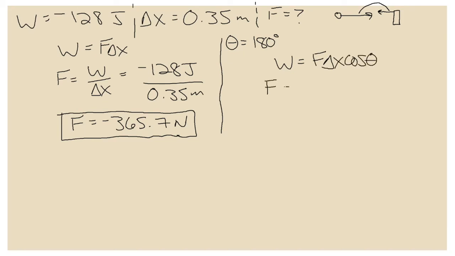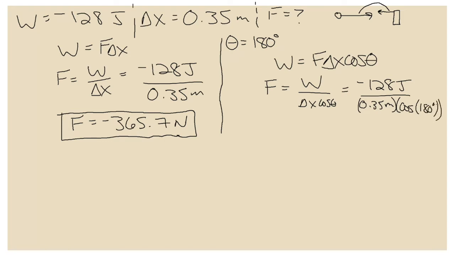And when you solve that for F, you get the force is equal to the work over delta X cosine theta. And so that would give you negative 128 joules over delta X, 0.35 meters, times the cosine of 180. And the cosine of 180 is going to be negative 1. And so that means your force here will just come out as positive 365.7 newtons.